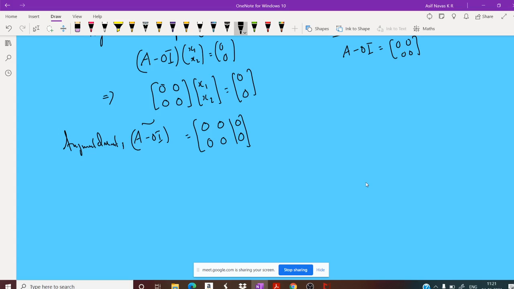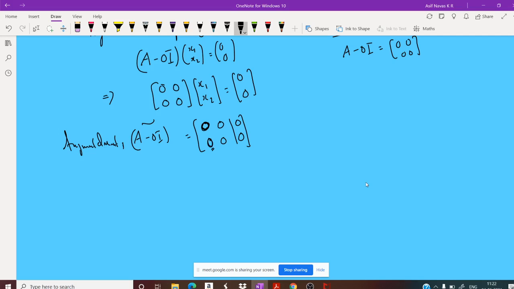Tell me, is it in row echelon form? How to check whether it is in row echelon form? We will check for the pivot. Is there any pivot in the first row? The first element is 0. Now we will check the element below it in the same column.